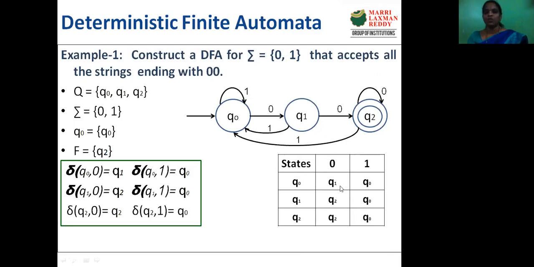Q0 on 0 moves to Q1 and Q0 on 1 moves to Q0, and Q1 on 0 moves to Q2, and Q1 on 1 moves to Q0, and Q2 on 0 is Q2 and Q2 on 1 is Q0. This is the DFA which is accepting the strings that are ending with 0, 0.